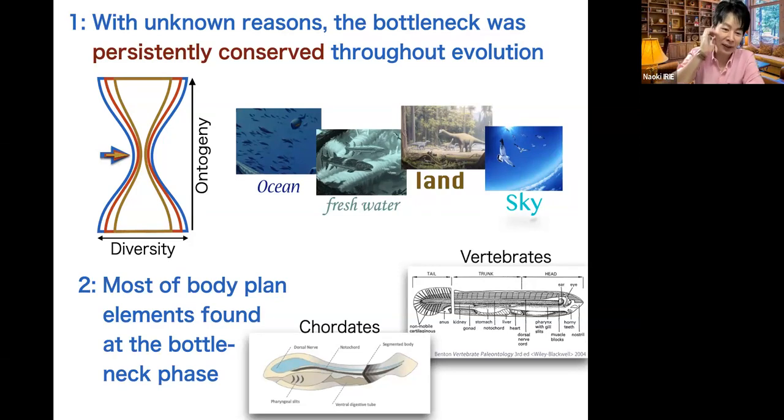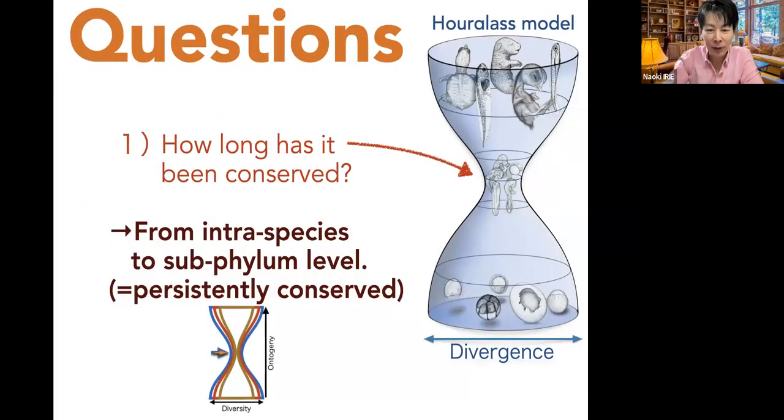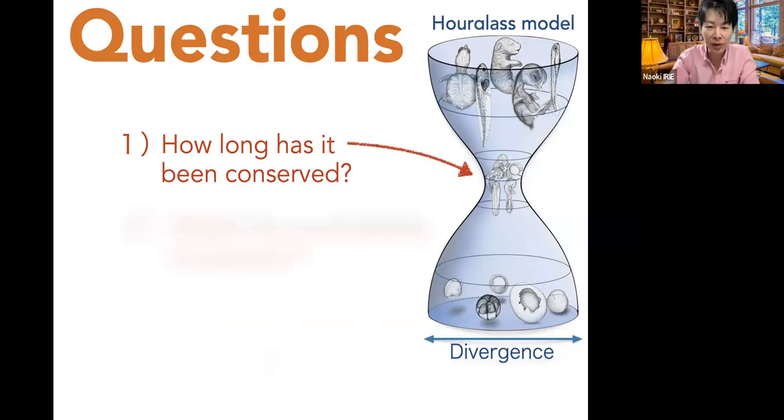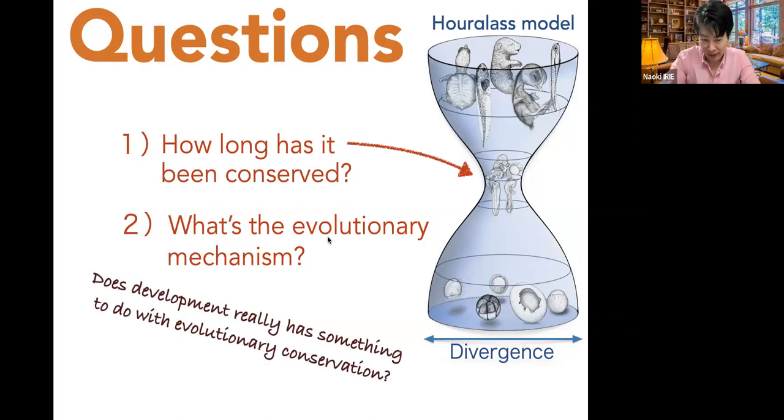I actually have another answer to that question. For the first question, yes, from interspecies to subphylum level, or maybe phylum level. But the next question is, what's the evolutionary mechanism? Some said development is on an intergenerational scale, and evolution is on a cross-generational scale, and does it really have something to do with this conservation, especially for millions of years?